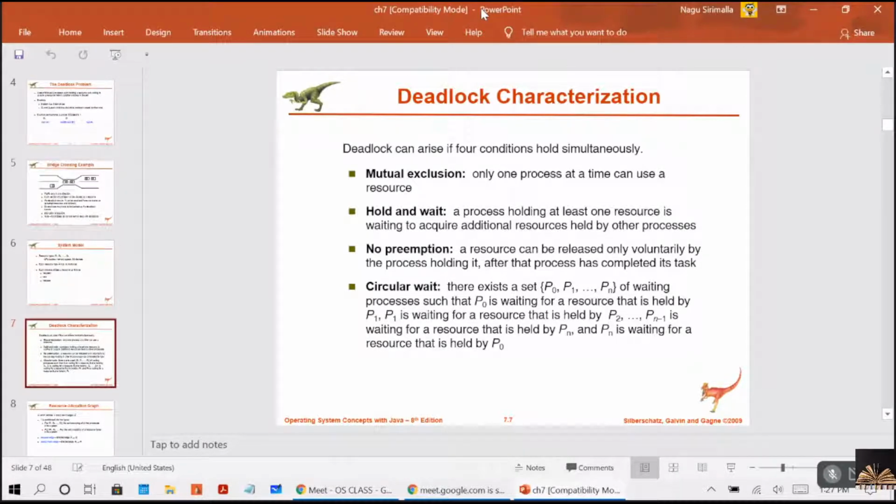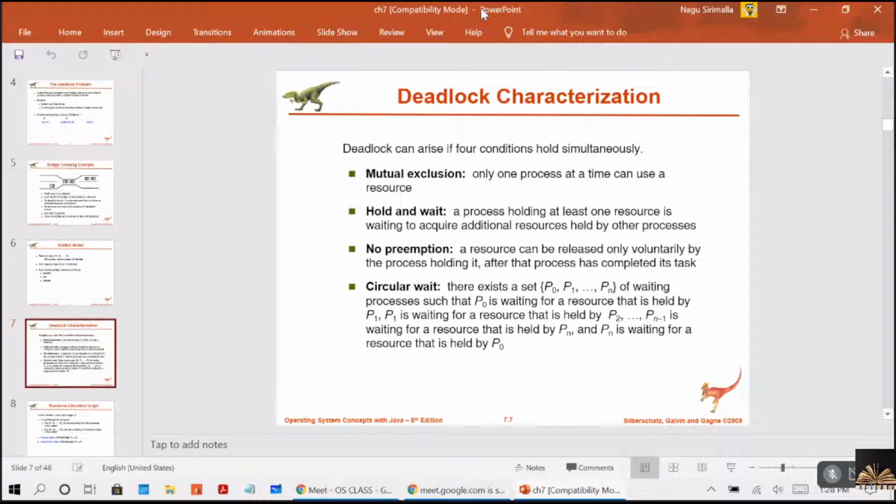A deadlock situation can arise if the following 4 conditions hold simultaneously in a system. If these conditions are happening, then we can say there is a deadlock. First one is mutual exclusion, hold and wait, no preemption, and circular wait.